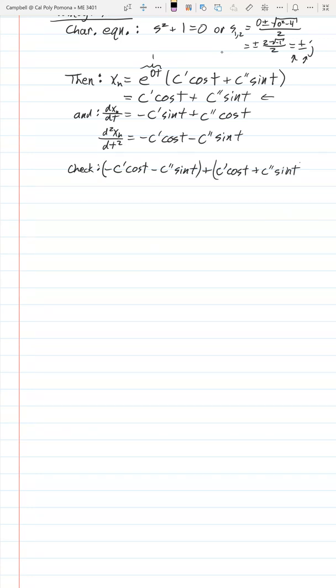And we're looking at the homogeneous form, so this better be equal to 0. Sure enough, we got the negative version of this, we got the negative version of this. Cancel, cancel, cancel, cancel. Sure enough, this is equal to 0, and we're good. So we got our homogeneous form. So now let's go ahead and look at the particular solution.